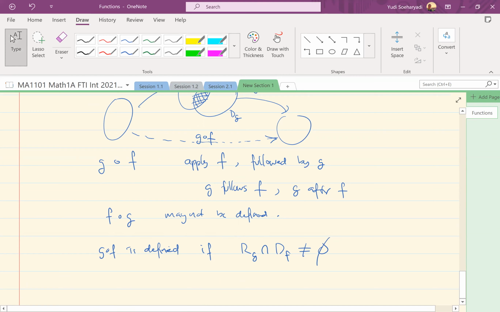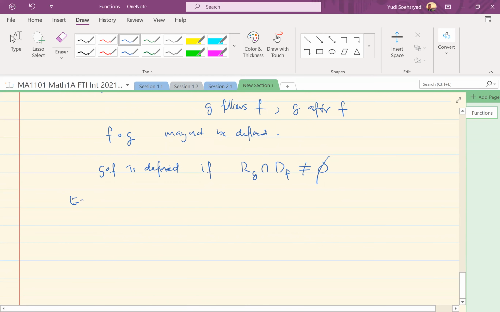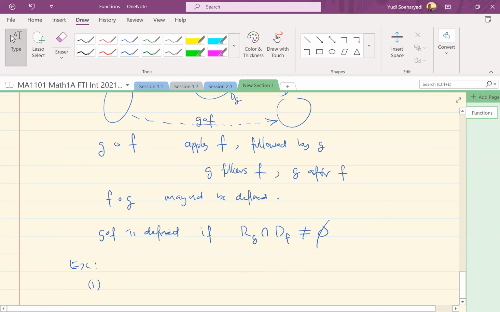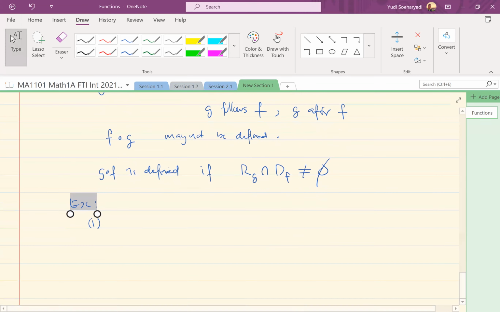Okay, so let's do some examples. Say f is x square, and then g is x minus 1.